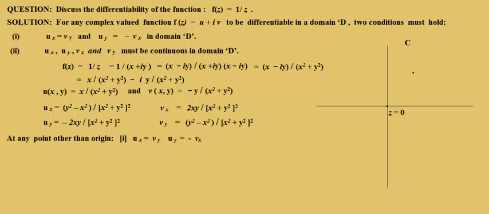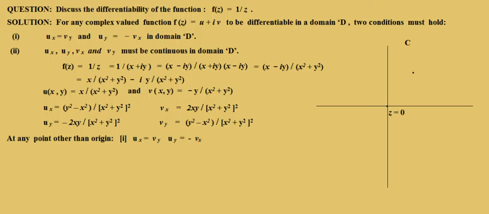Now we will check the second condition, that is the continuity of ux, uy, vx and vy. Here ux, uy, vx and vy are all rational functions, and their denominator becomes 0 only at origin. So at any point other than origin, their denominator is not equal to 0, means these are all finite.